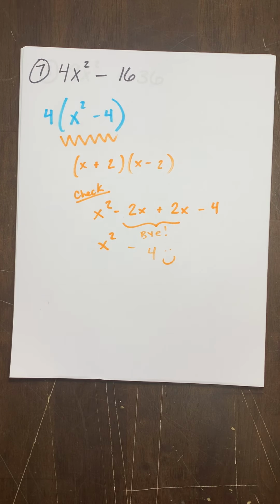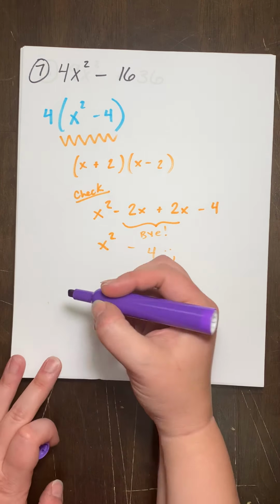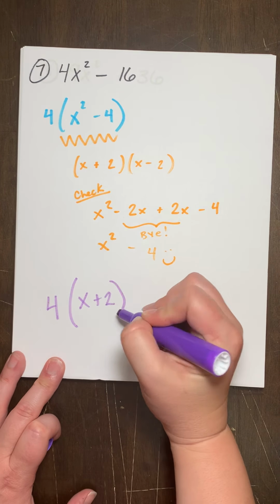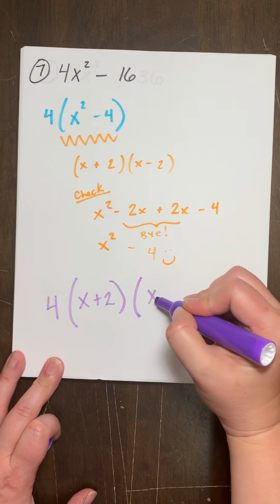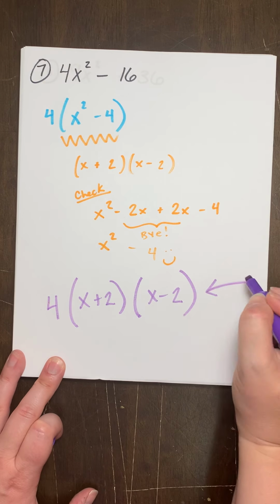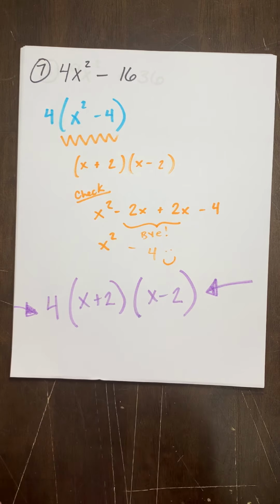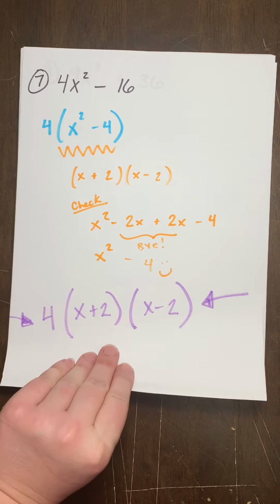Grand finale answer, put it all together. Bring back that GCF of 4, x plus 2, x minus 2, and we're done. There's your answer.